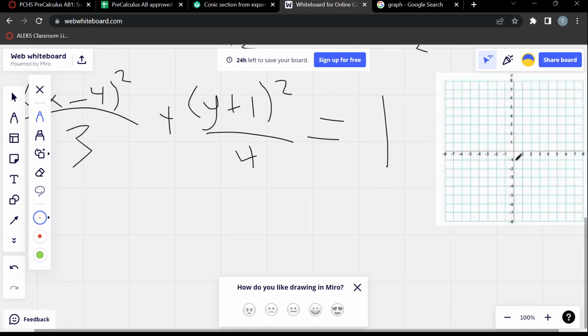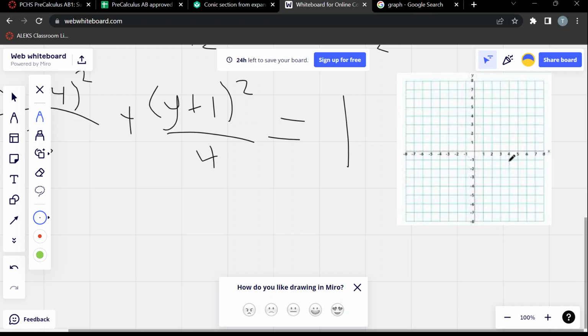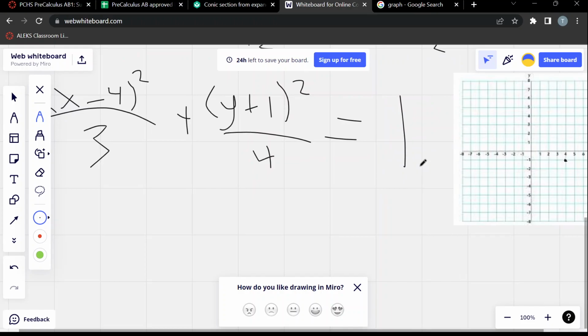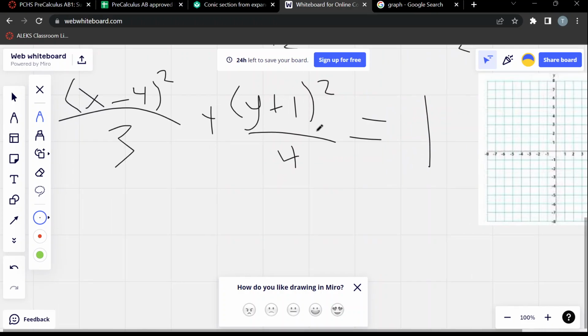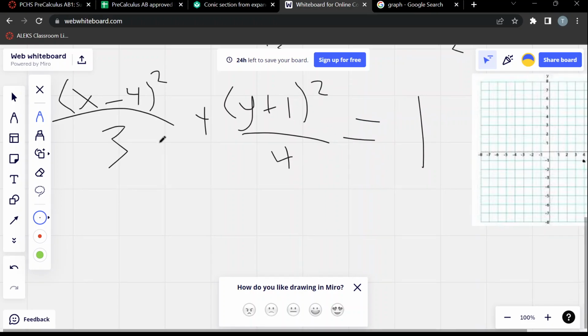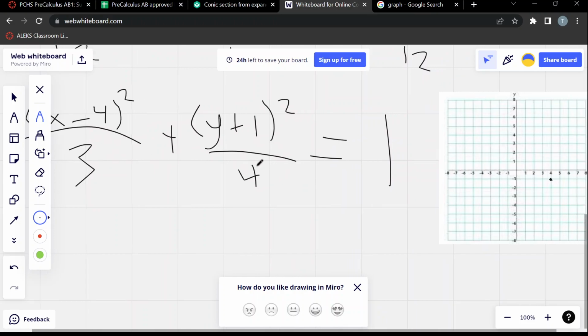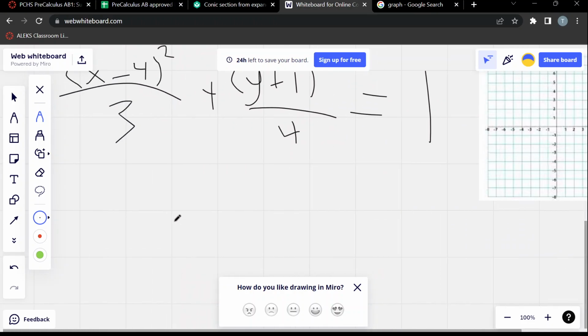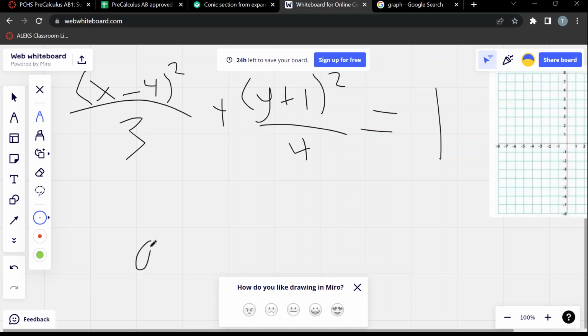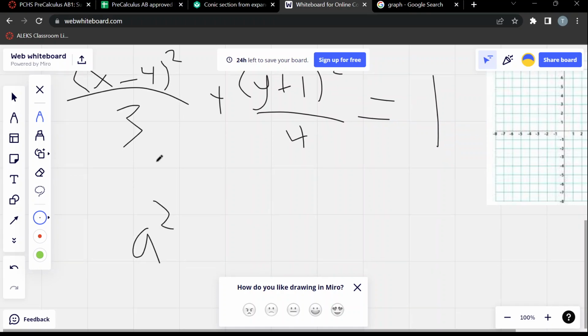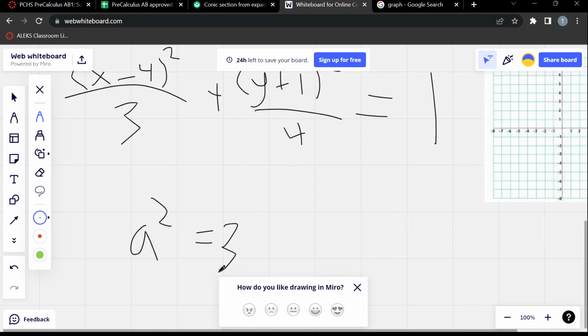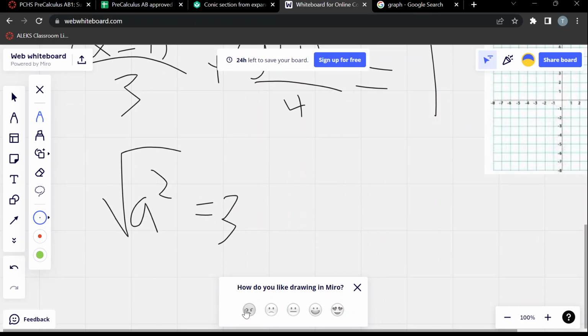So the center is at 4, negative 1. And then we know that the bottom of the x fraction is 3. Since the bottom is a squared, that means a squared equals 3. So we can square root both sides of the equation, and then we get a equals square root of 3.